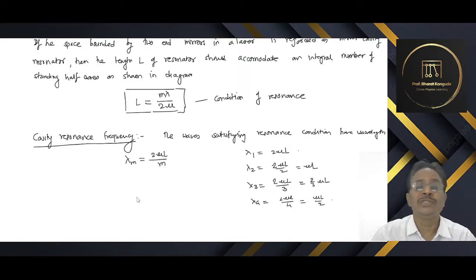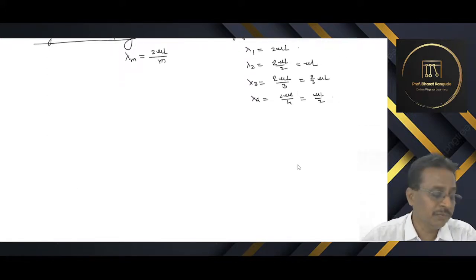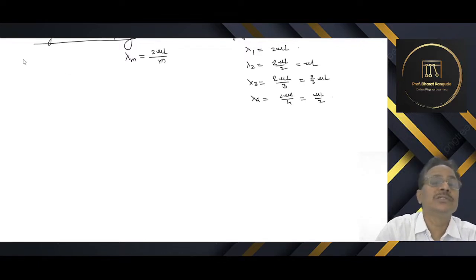Now this is in terms of wavelength. We know the relationship between frequency, wavelength, and velocity of the radiation: c is equal to nu lambda, or lambda is equal to c upon nu.